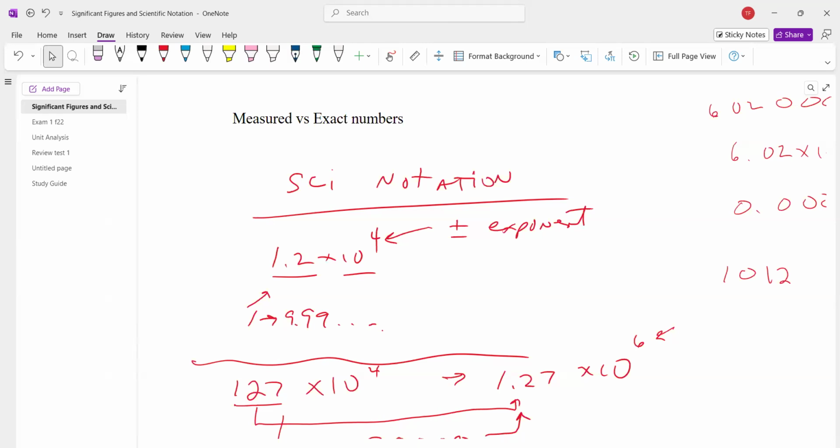Most of the time, like 99% of the time, it's a whole number, but it can be a decimal. Depends what class you're in. That's one part. The other part is over here. That is a number from 1 to 9, basically. 1 to 9.999, whatever.